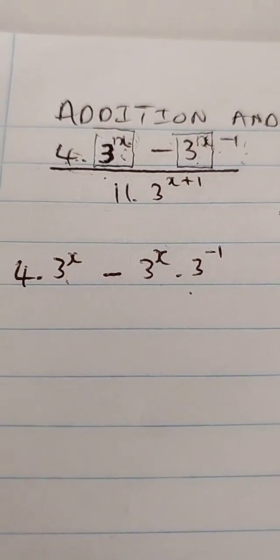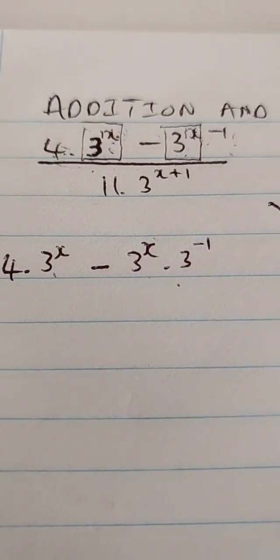Okay, please take a look at what I've just done and confirm to me whether you are okay or not. 4 times 3 to the power x, that's fine as our first term, that's already split. 3 to the power x minus 1 can be written as 3 to the power x times 3 to the power negative 1. We are splitting using this reverse idea.